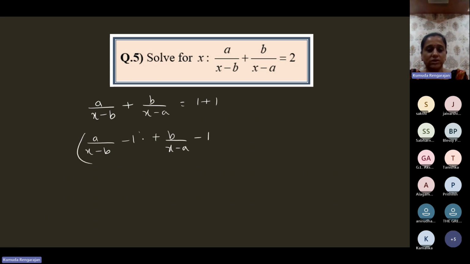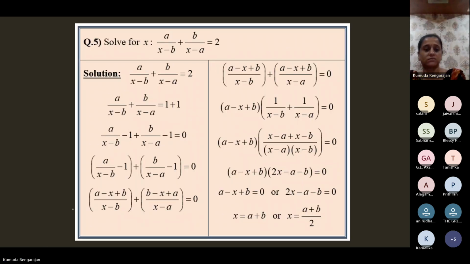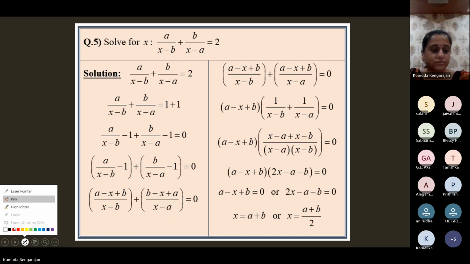So we're going to work with these two and these two is equal to 0. 2 is 1 plus 1; when transposed, minus 1 minus 1. So we'll take one minus 1 with this term and another minus 1 with this term, and then LCM.